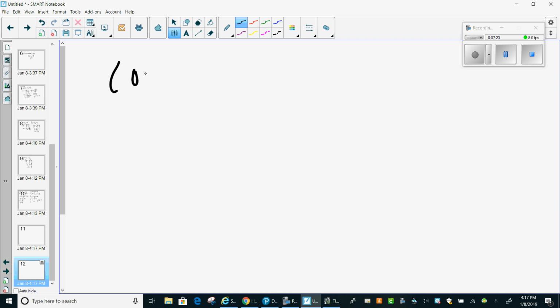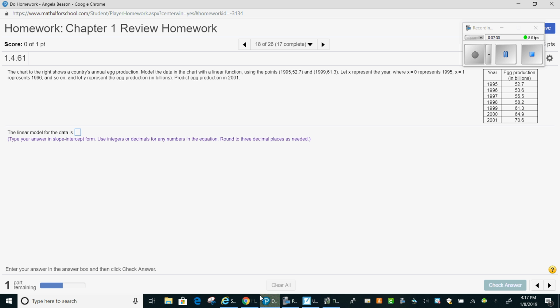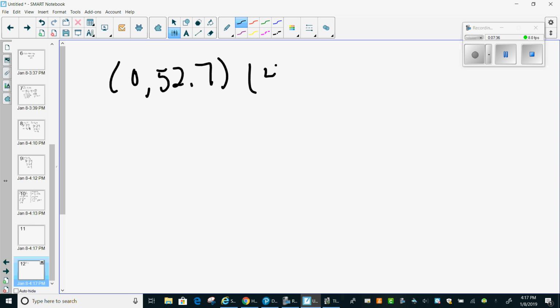So instead of this point being 1995, 52.7, we're going to make it 0, because they say x equals 0 represents 1995. So 0, 52.7 is going to be my first point. And then the second point is going to be, 1999 would be year 4, so 4, 61.3.